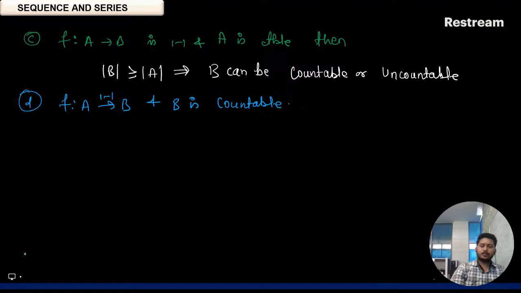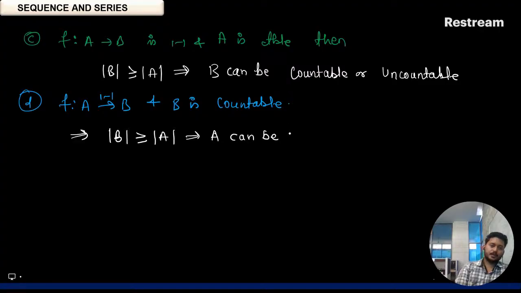If B is countable, therefore cardinality of B is greater than or equal to cardinality of A, therefore A can be finite or countable.